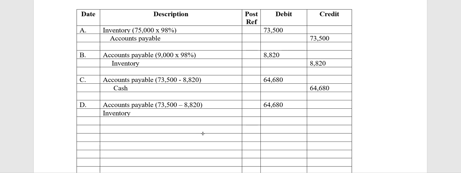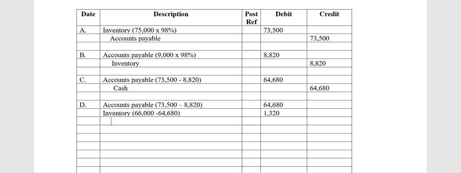So that would leave us technically with a value of $66,000 that we owe. $64,680 of that is being accounted for in our accounts payable account. So that means we're going to increase our inventory account by $1,320. Again, we want our inventory account to truly capture how much it's costing us to acquire our inventory so that we know how much to then charge our customers.